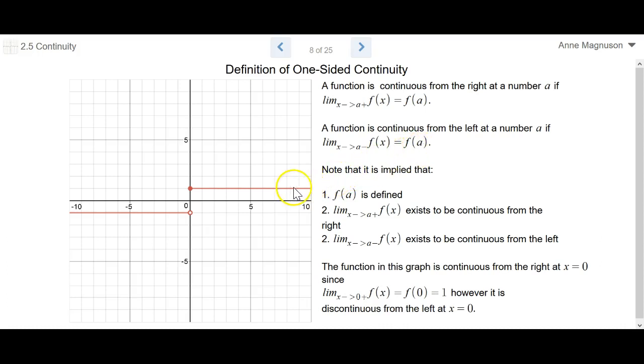If you look at this function graphically, this is continuous from the right because the limit from the right as x approaches 0 is f of 0. But it's not continuous from the left because the limit from the left, notice, is minus 1 as x approaches 0, but f of 0 is 1, not minus 1.